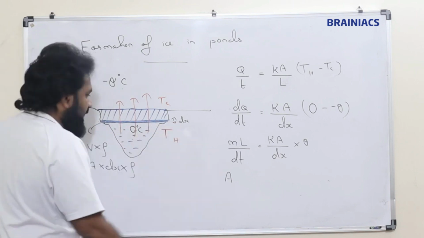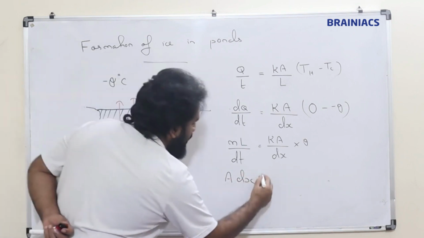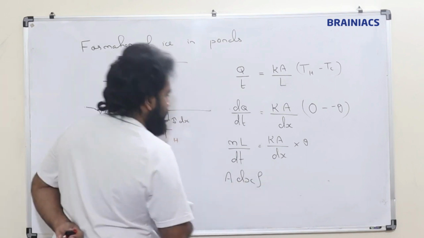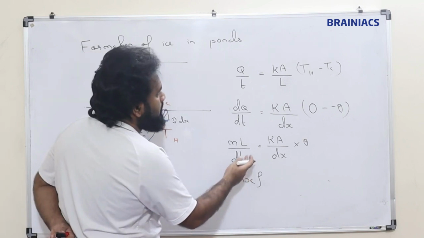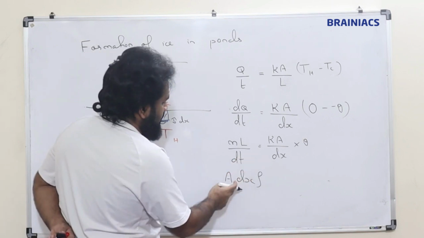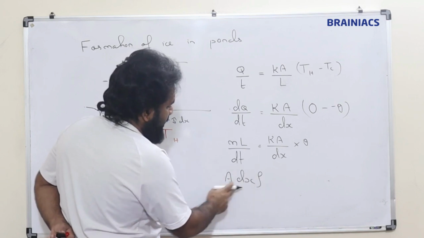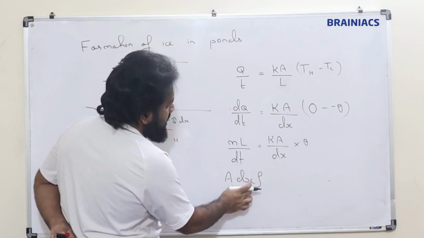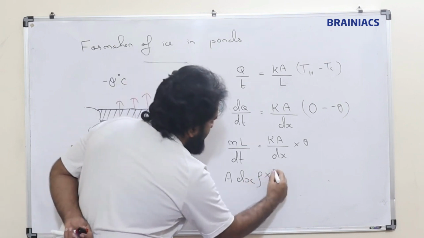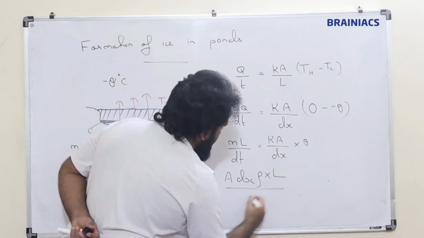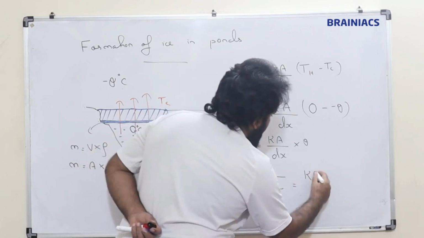So I will substitute there A dx rho, volume into density, into L divided by dt is equal to KA.